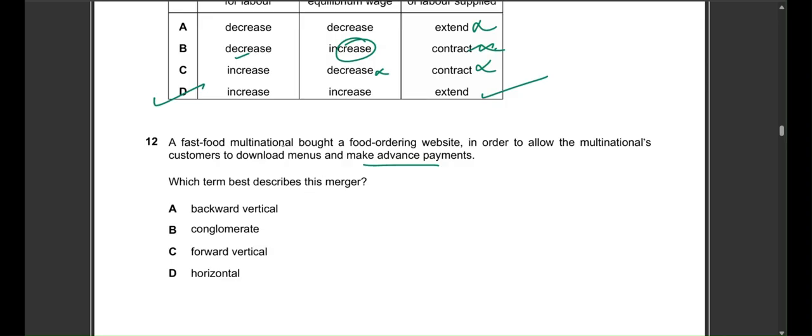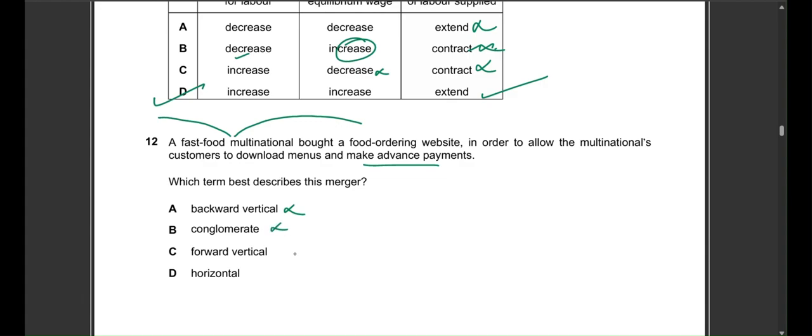I don't think this is backward, because if he merges with the suppliers, then it would be backward. But here he is merging with the retail online thing, I can say e-commerce website. So this would be more towards forward. So this would be eliminated.